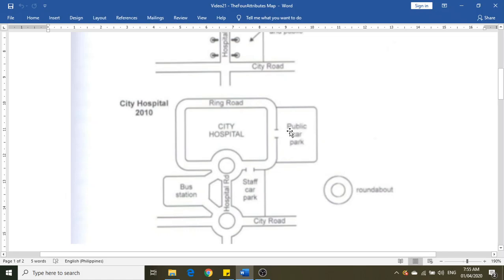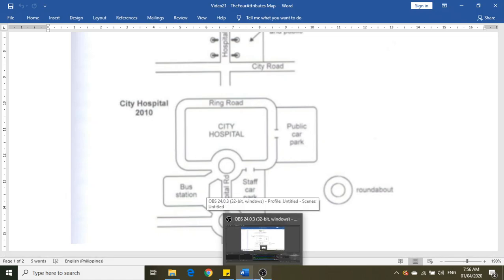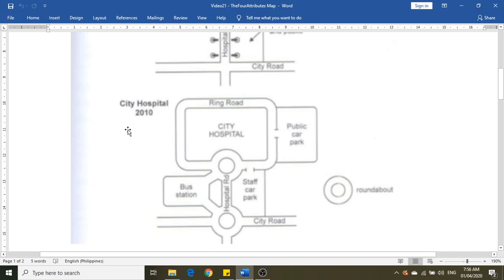So the only nominals that we capitalize are City Road, Hospital Road, and Ring Road. And as we can recall, we should not precede the proper nouns with any articles. And so the tensing is still in the past. Okay, it's at 2010. Or alternatively, what you can use is the past perfect tense, which uses the auxiliary verb had plus the main verb.